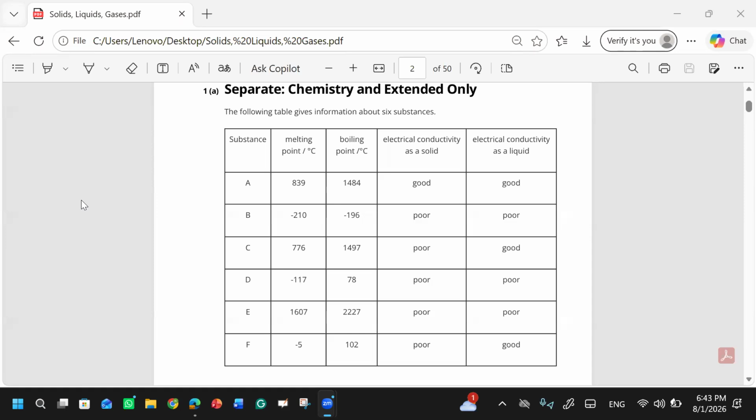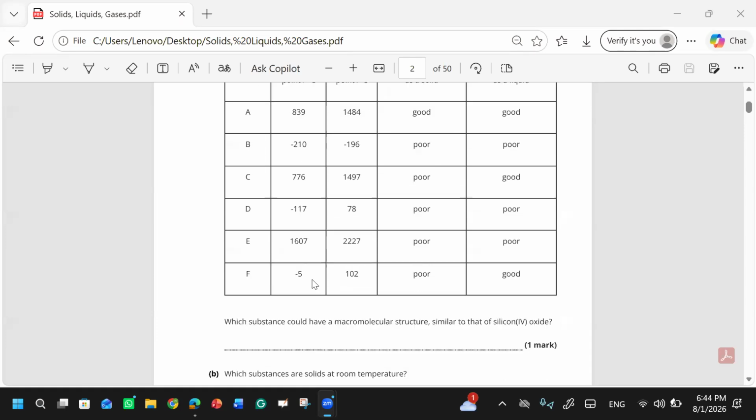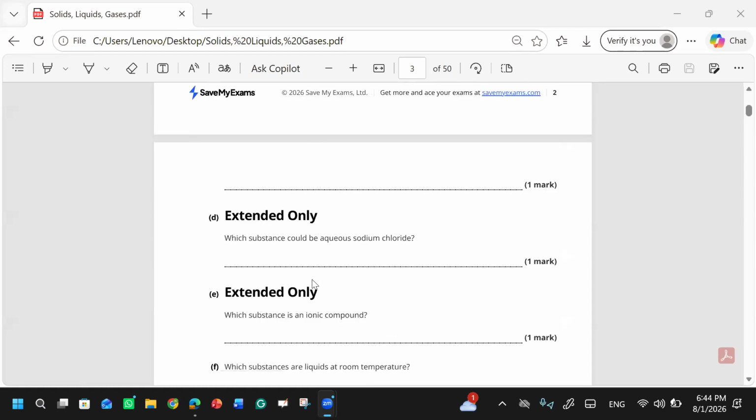And when we add sodium chloride to water, the freezing point decreases. The melting point decreases, even becoming negative, like -5. So dissolving sodium chloride lowers the melting point, or the freezing point. That's why F will be the right answer.